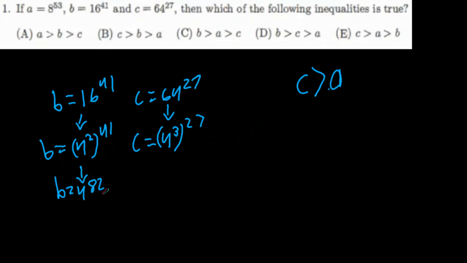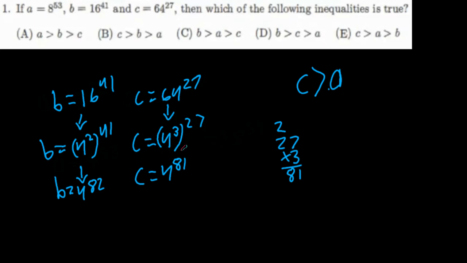Now let's find c. c equals 4 to the power of 27 times 3. 27 times 3 equals 81. So this is 81.